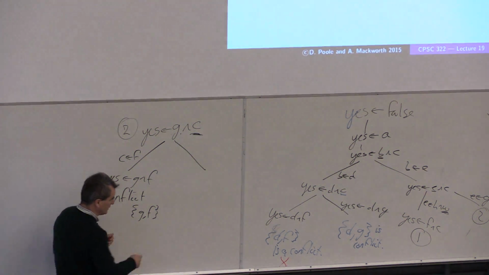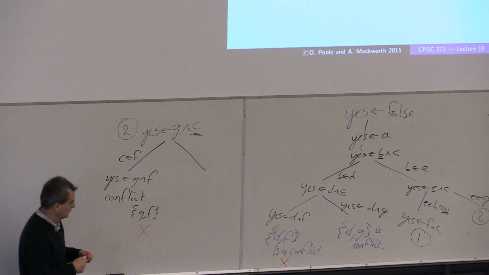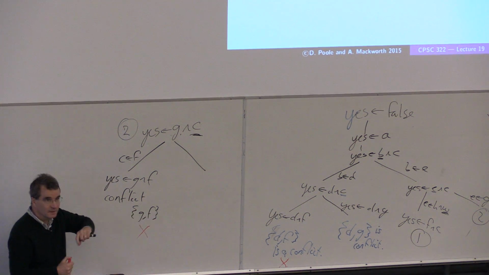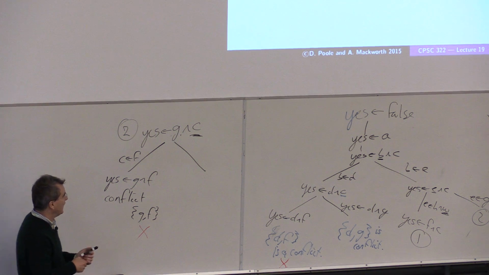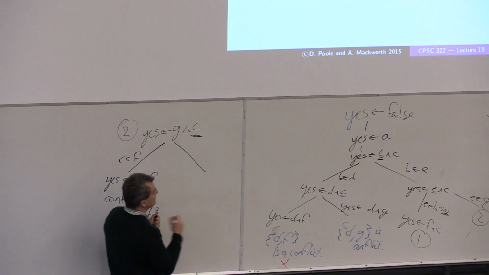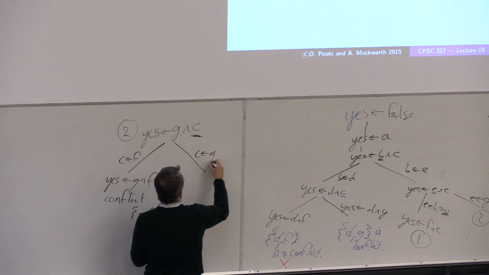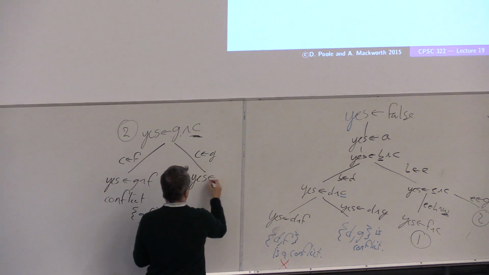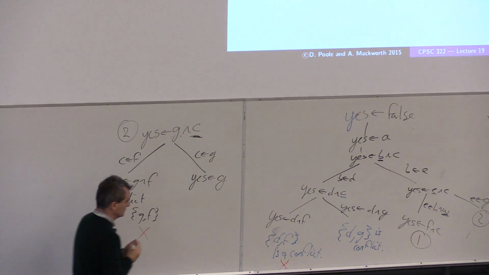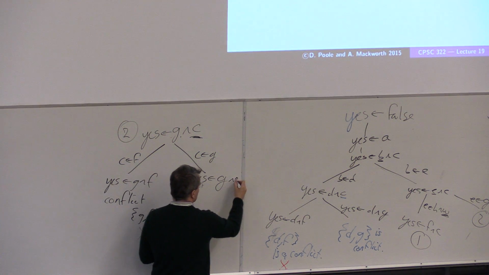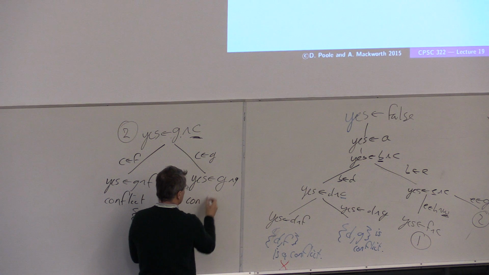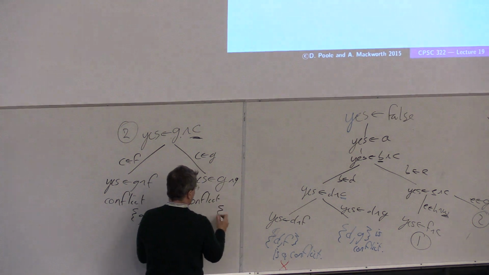Sorry, we can prune this, right? Because it's a superset. And if we choose the other one, C if G, we get yes if G and G. So we get a conflict of just G.